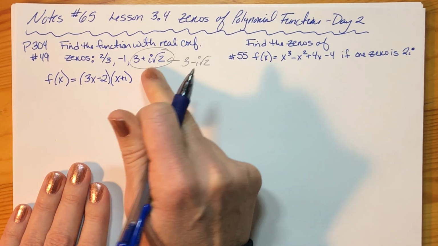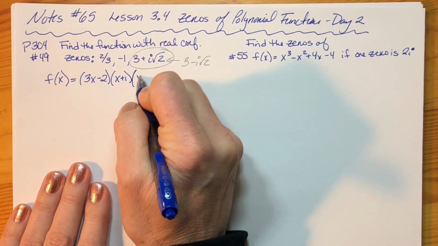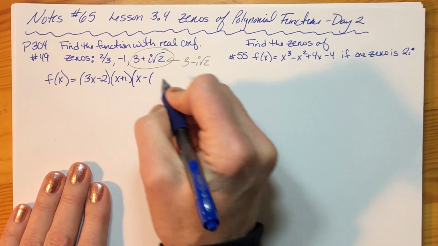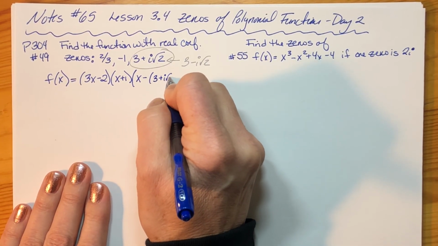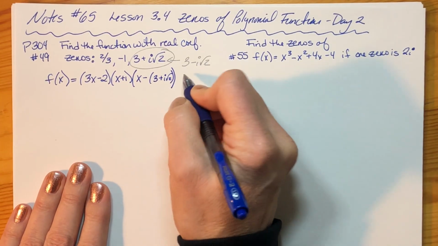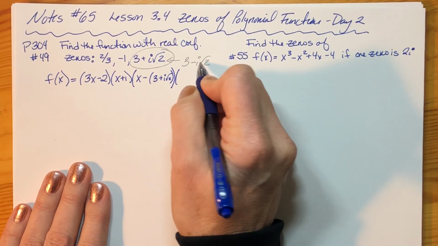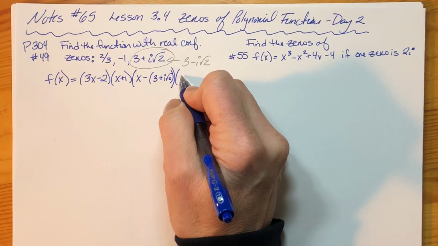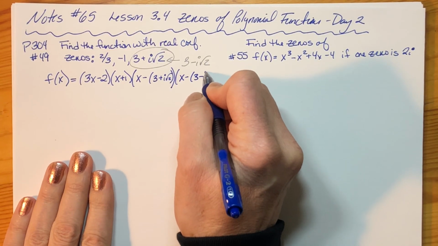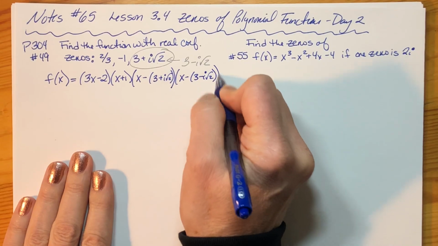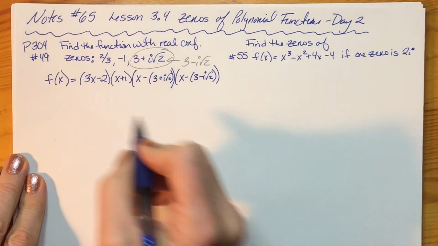My next factor would be x minus, I'm going to keep it neat, 3 plus i root 2. And then my last zero is going to be x minus 3 minus i root 2. Okay, phew, let's clean this up.